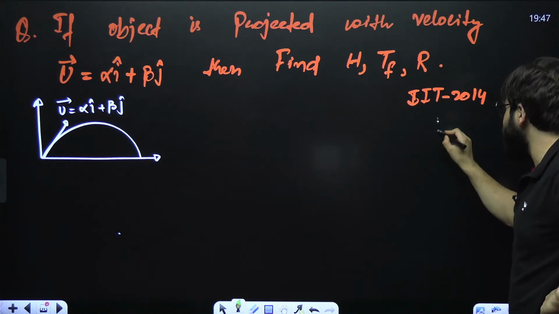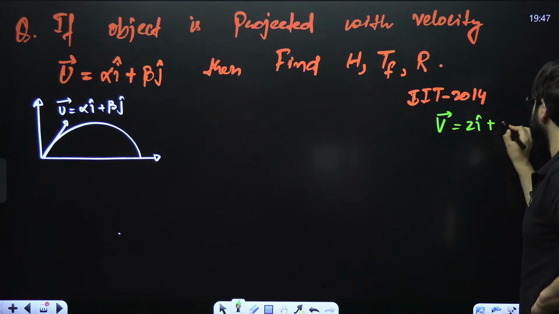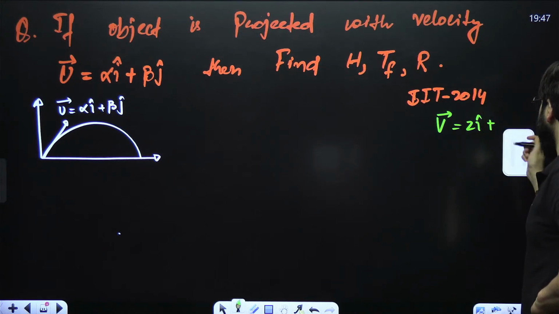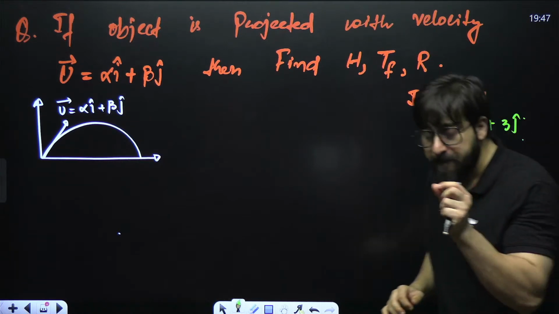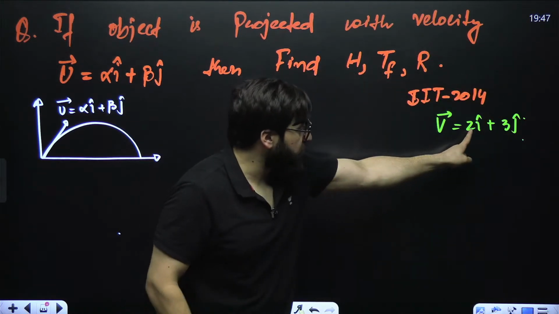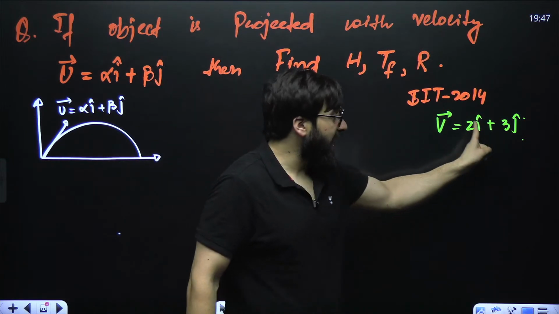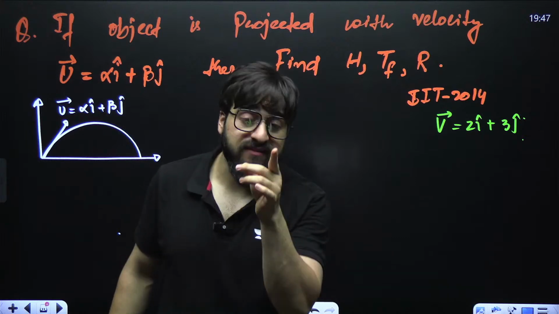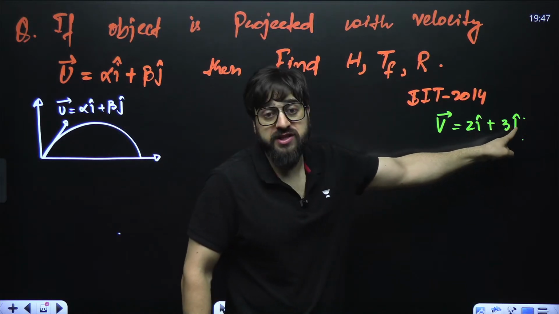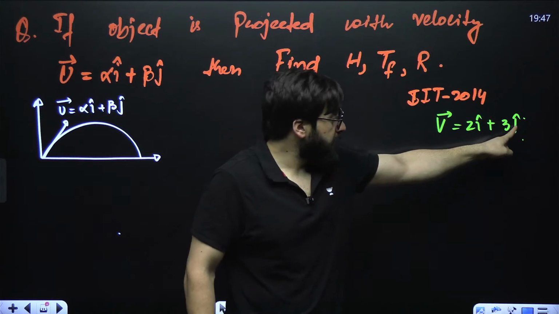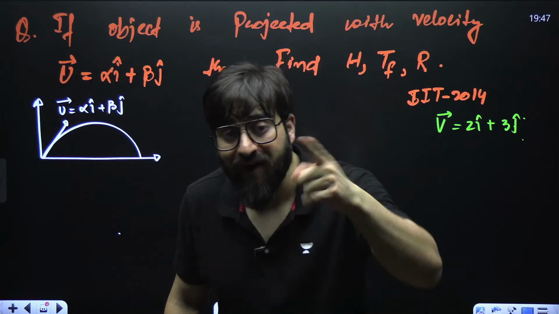If there is a velocity vector v equal to 2 i cap plus 3 j cap, what is this i cap? This is that component of velocity which is along the x direction, because i cap tells you the vector is along the x axis. And j cap is that component of velocity along the y direction, because j cap tells you the vector is along the y direction.